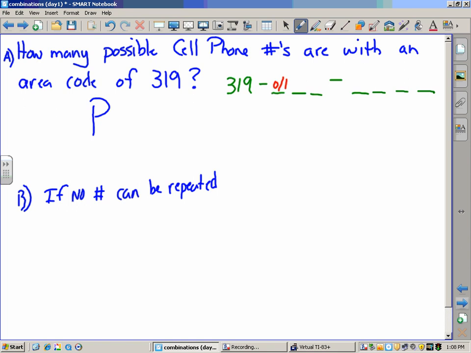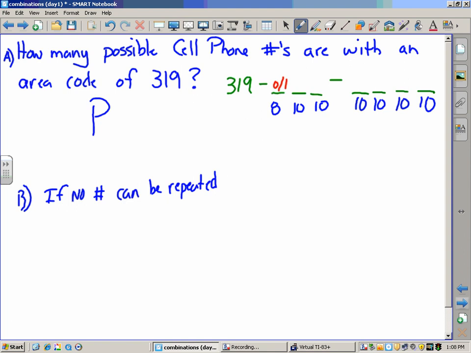In this first one, how many possibilities do you have for the first number? 8. Now how many do I have for my next number? 10, and then I can reuse that number again. In part B, I'm going to let you repeat them, so I can reuse it again, and again, and again.